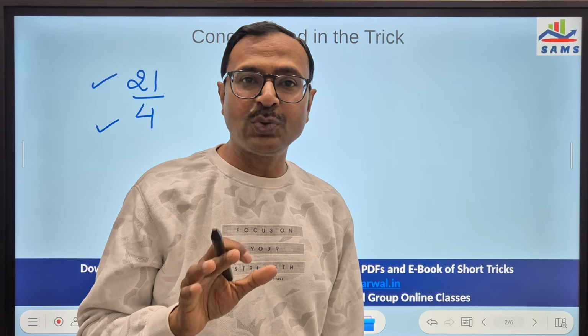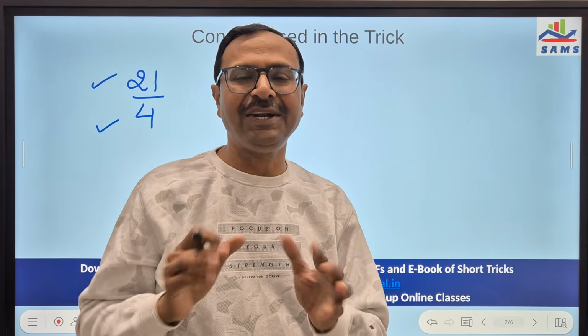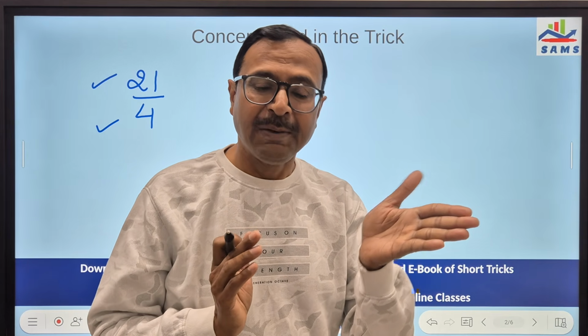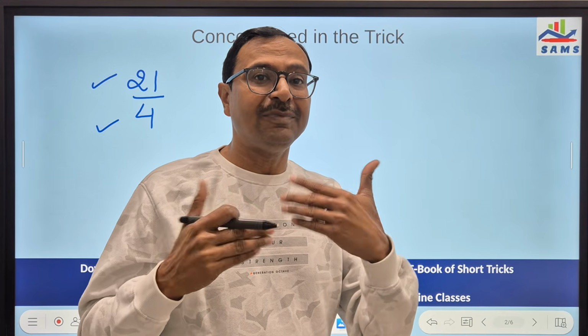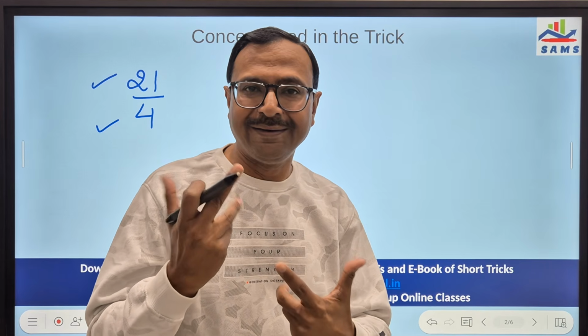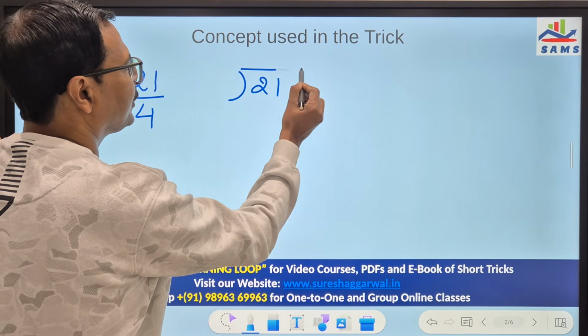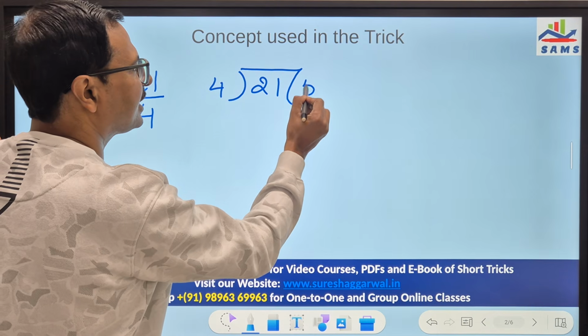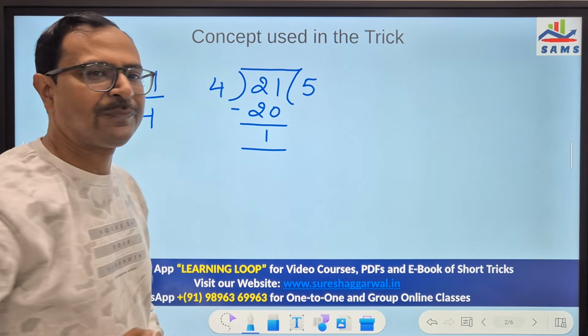So you can actually write it as a decimal which does not contain 0 point. It will contain some whole number, right? Because 21 divided by 4, the value will be more than 1, right? So when you divide 21 by 4, you will get 4 5s are 20 and you will have 1 as the remainder.